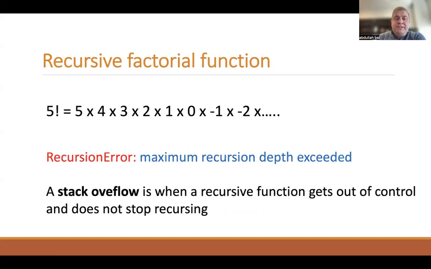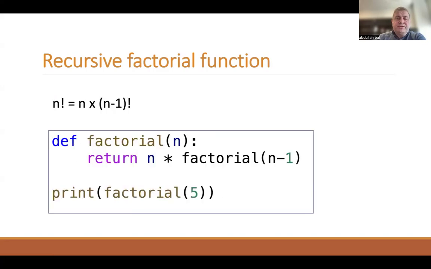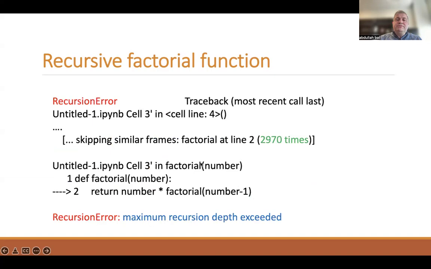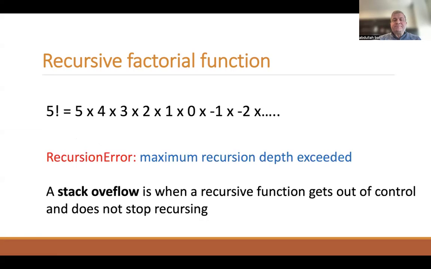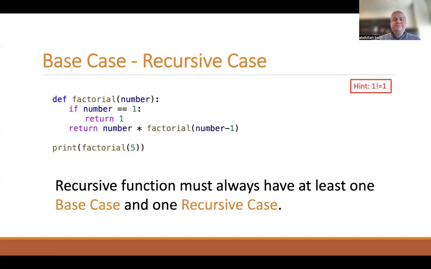Why? Because in this function, we don't have a base case. There is just one recursive case, no base case. That's why it will call itself infinitely. When it calls more than 2970 times, it will give maximum recursion depth exceeded, or in other words, stack overflow error.